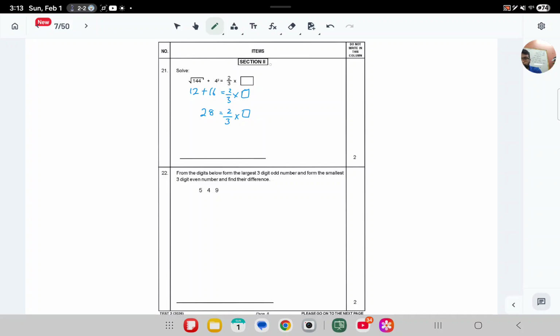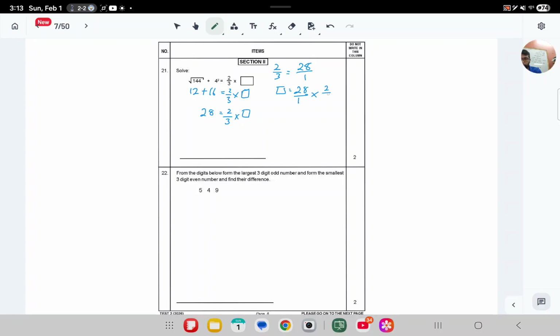So we know our fraction and we know the quantity it equals. Now to find the total for the number, take the quantity given and multiply by the invert of the fraction.